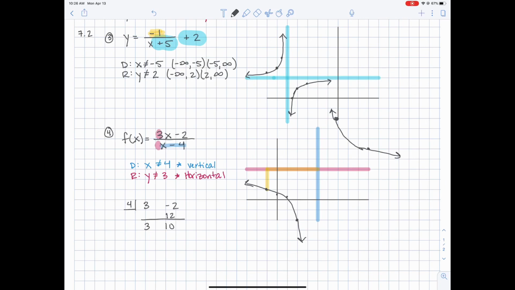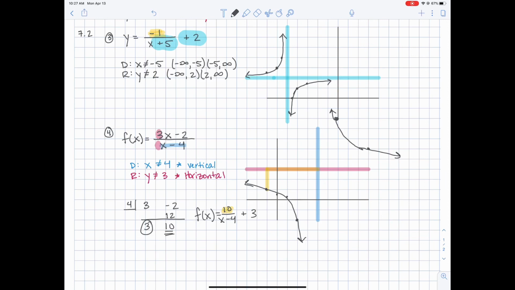This is a 10, meaning that my equation would be f of x is equal to my remainder, so 10 over x minus 4, and then plus what I was left over with there, because we're changing it into an improper fraction. And that makes sense for this. I have a stretch of 10, which makes sense for my equation.